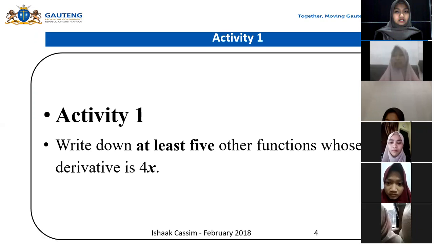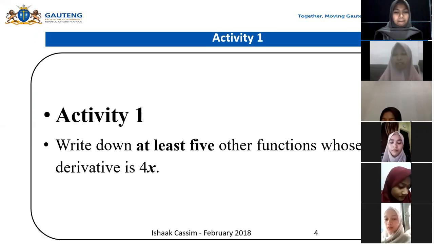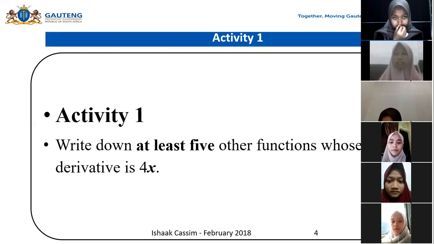Oh, okay, that is right. So Ria's example, f(x) equals minus 2 x to the power of minus 2, does not give 4x as the result, but 4 multiplied by x to the power of minus 3.